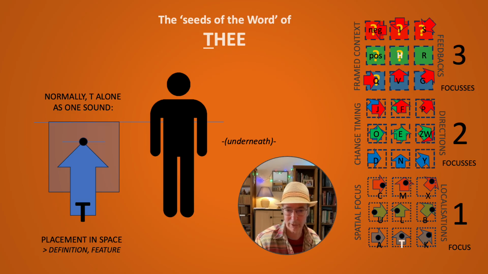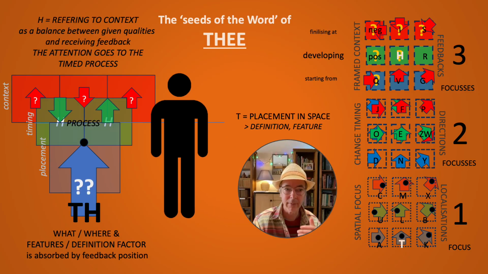But it's not only about a distinction in space, and the H to it gives it that extra context. So now it is wider, so the sound is slightly different. It also tells you, no, it's not just about a definition, it's not just about a feature, it is also contextual based distinction.